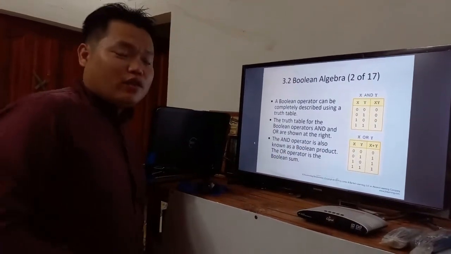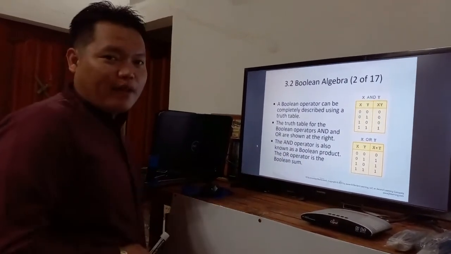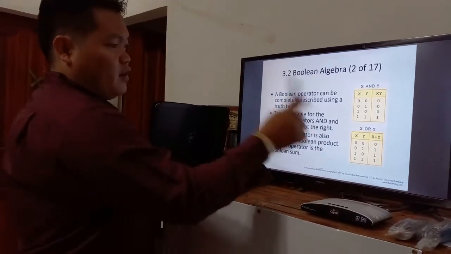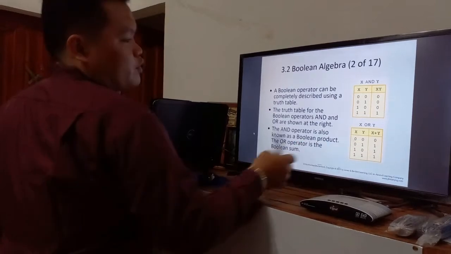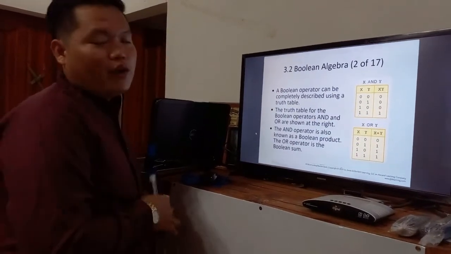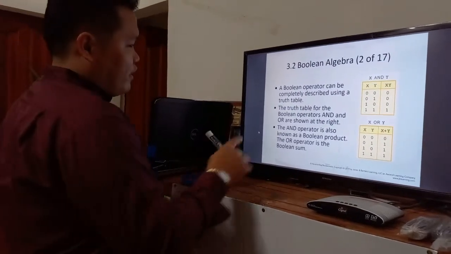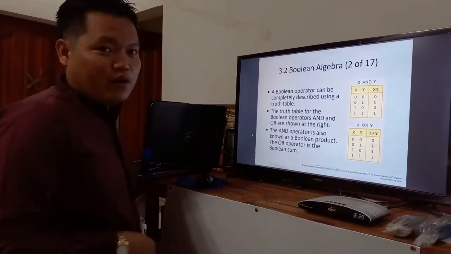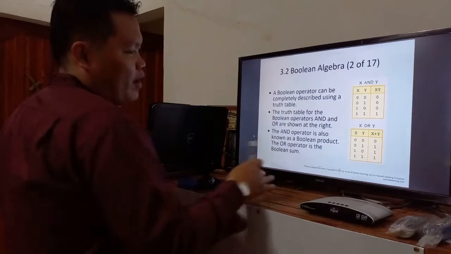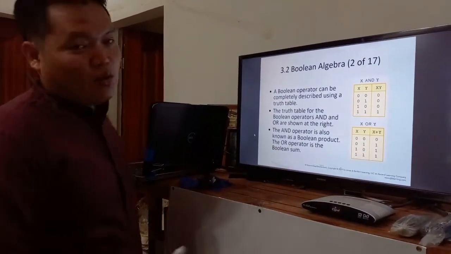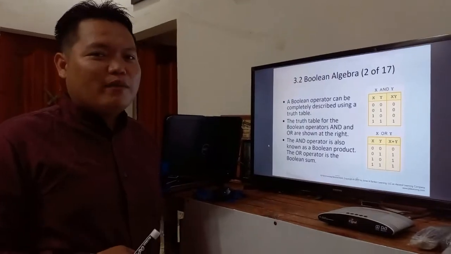The OR truth table is the reverse of the AND truth table, or AND Boolean algebra. In the first statement, if your statements are all false, meaning all 0, your answer will be 0. But if one of your statements is false and the other is true, your answer will be true.